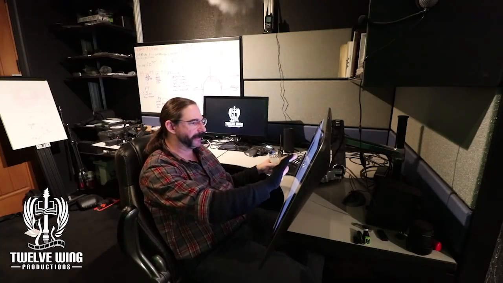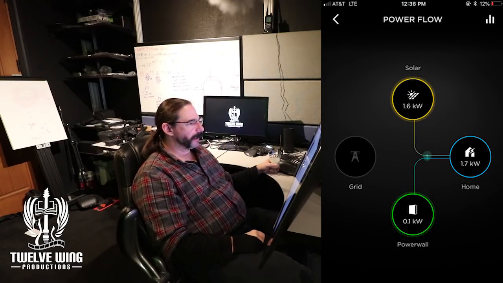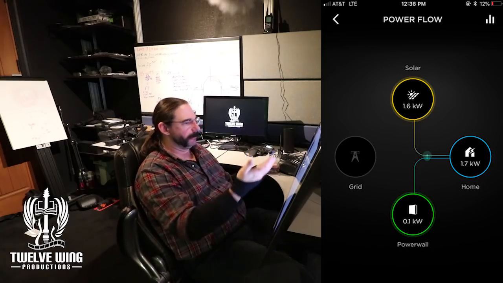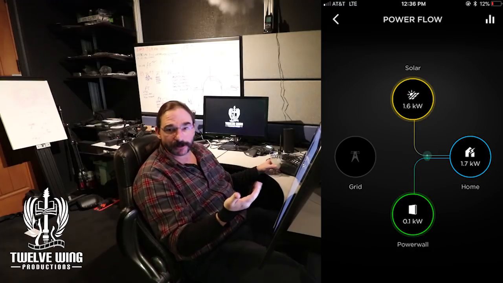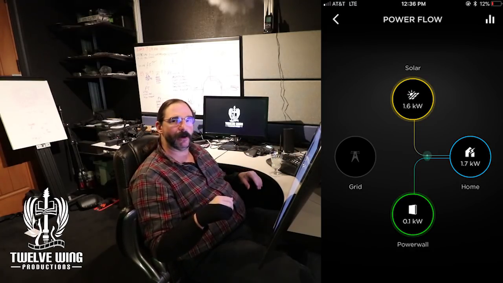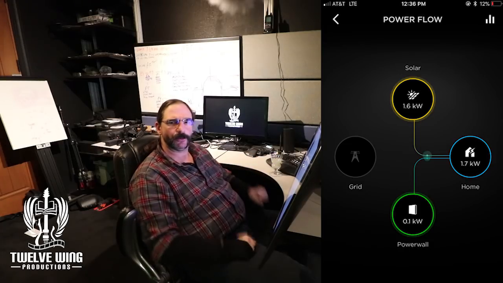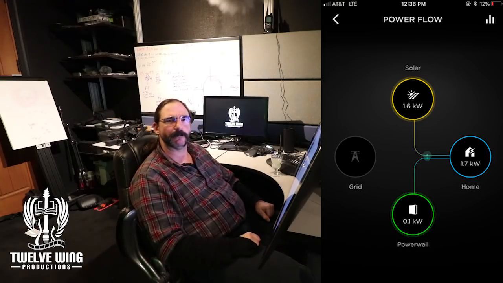Okay, so now we come to the modality that it settled in at, this one here. This is what I would have expected from the cost savings mode. When you went in, it's like, I've got some battery power. I'm not told to reserve any power for power outages. How can I save the maximum amount of money?